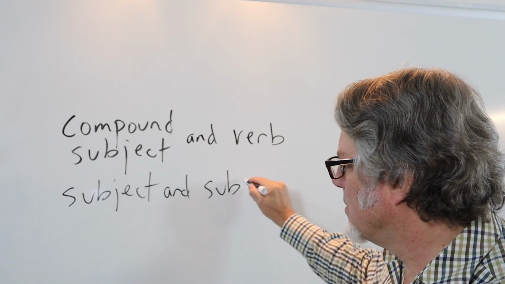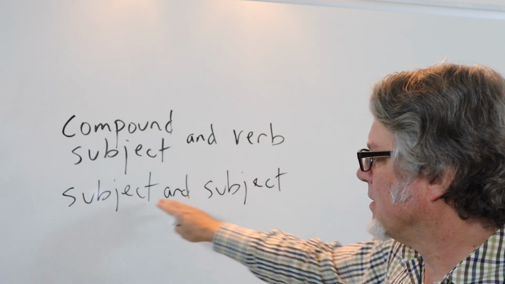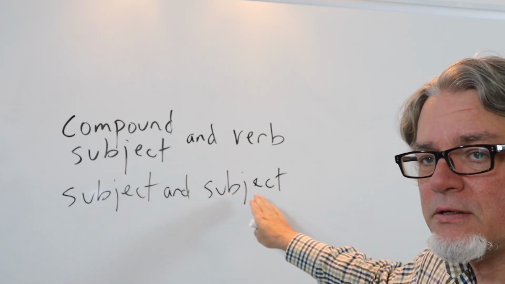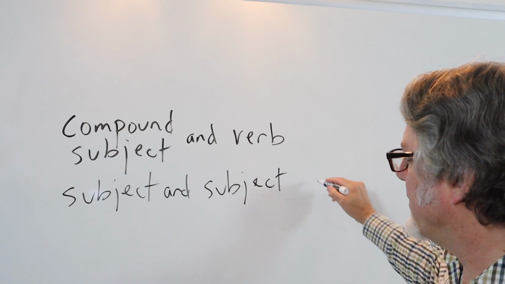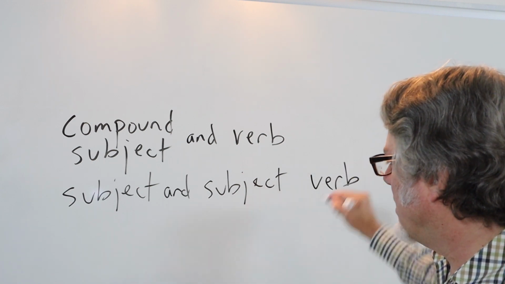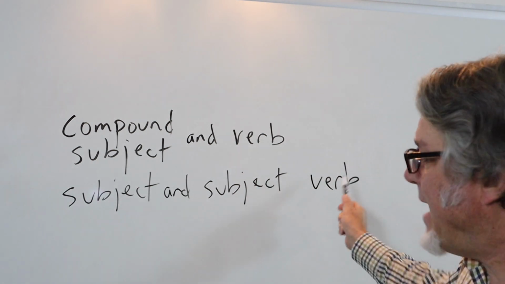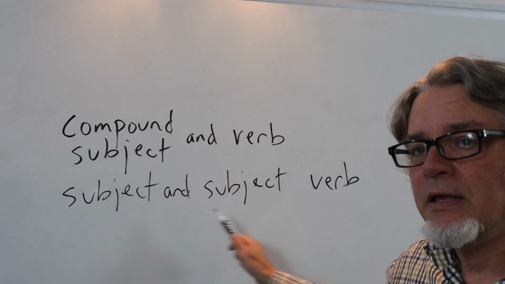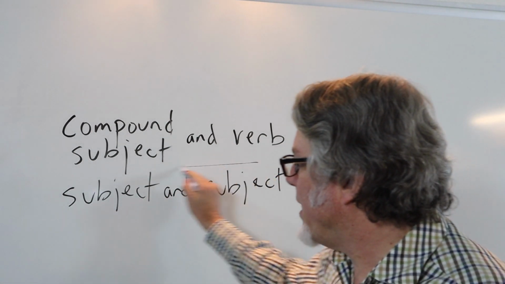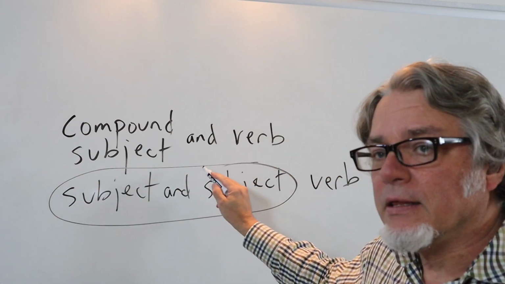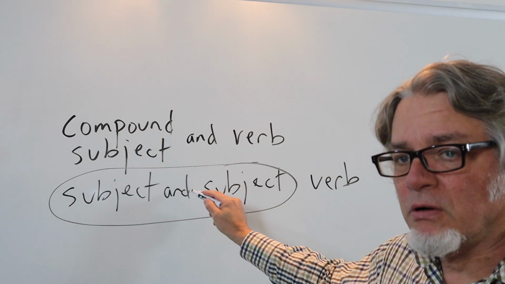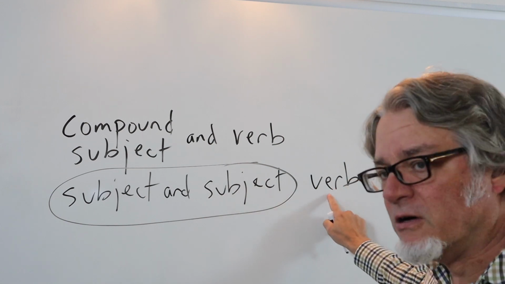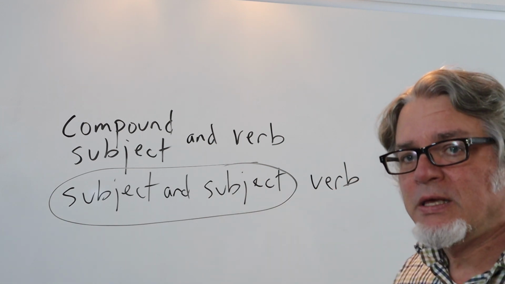So you have two words, subject, subject, and then followed by a verb that matches the subjects here. Because you have two, this will be plural, and the verb will also be plural.